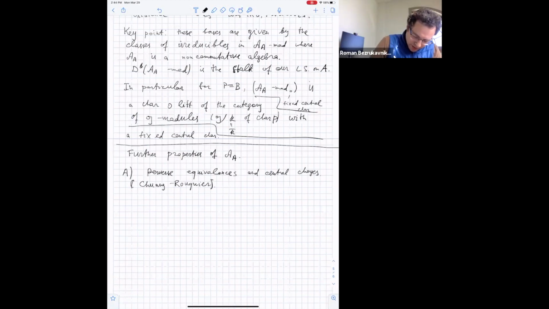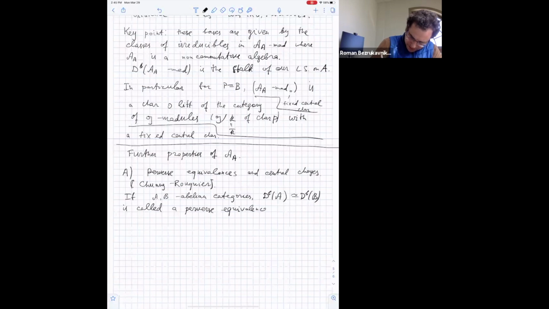So suppose we have two abelian categories A and B, and a derived equivalence is called a perverse equivalence if we are given additional structure, not just a property. We have filtrations by Serre subcategories.